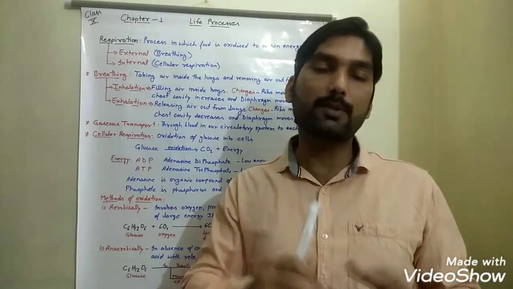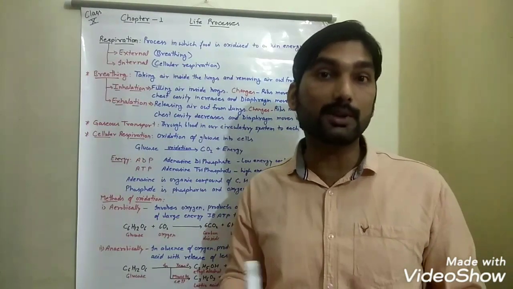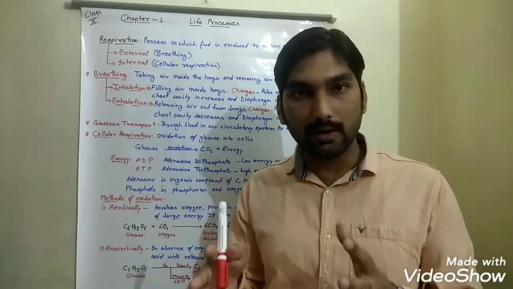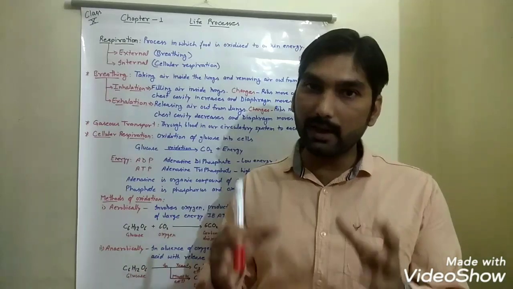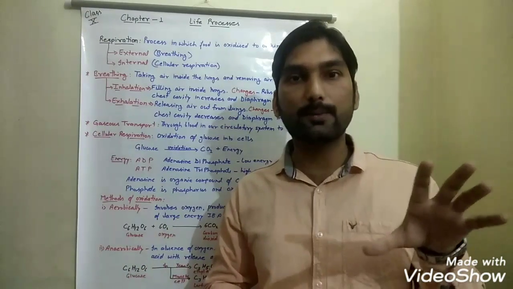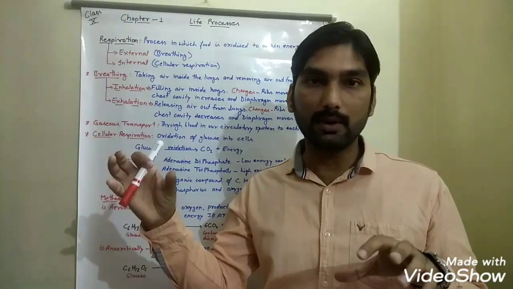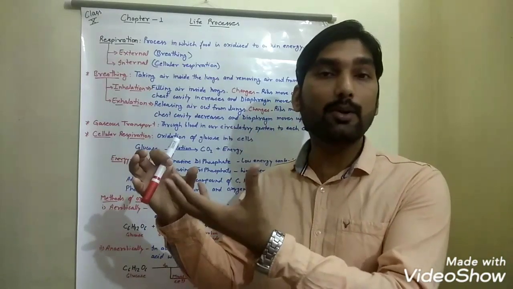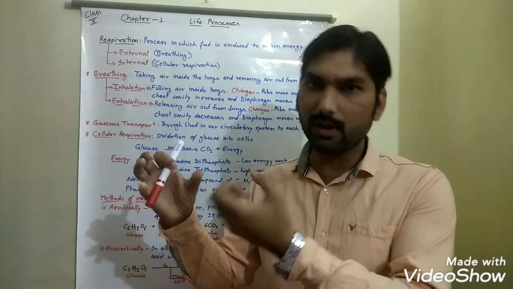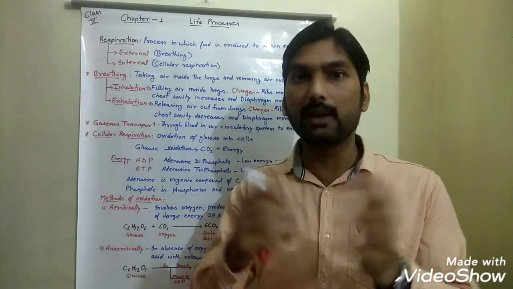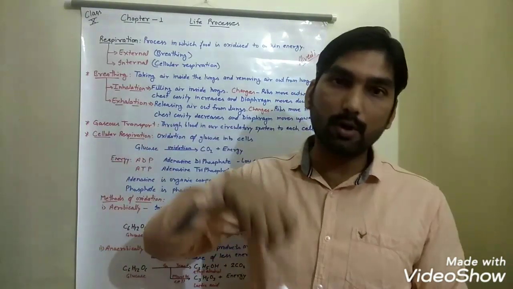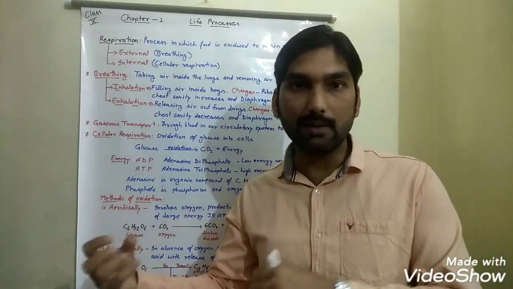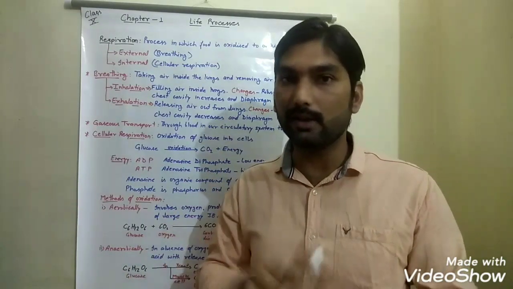And in the previous video we discussed a process known as digestion. So digestion is what? Breaking down of complex food into simple food. And at the end of that topic, during the nutrition process, you read that the soluble forms are absorbed into the blood and transported to each cell.